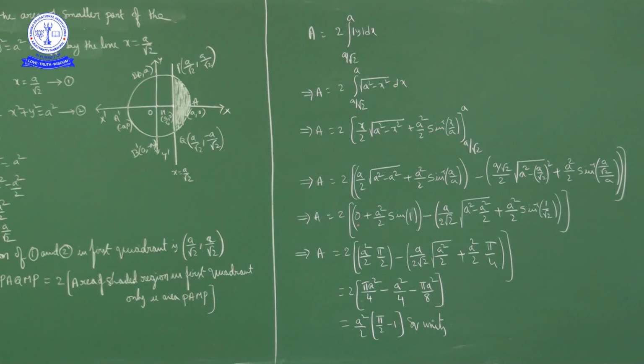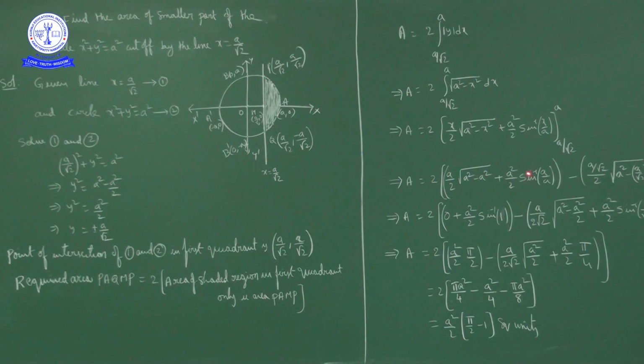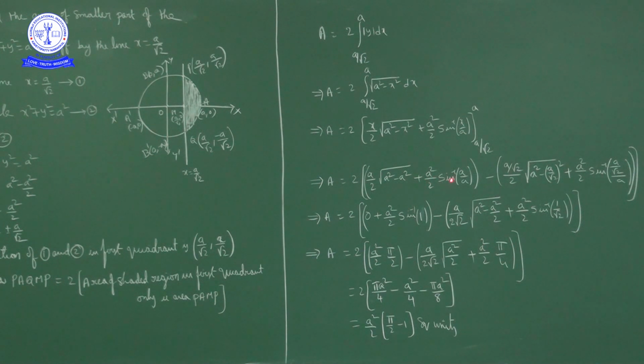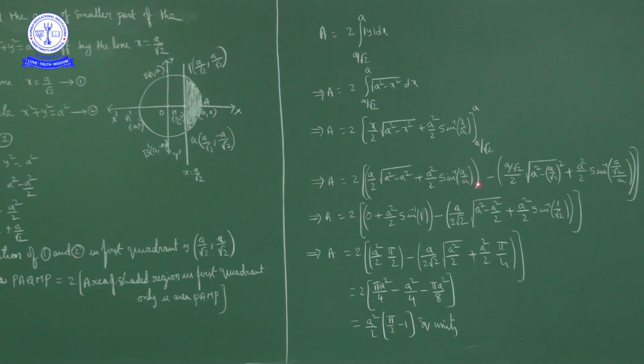So here this value is 0. Okay, a square by 2 into sin inverse of 1. Here, by substituting the upper limit, we have 2 into a by 2 square root of a square minus a square plus a square by 2 into sin inverse of a by a, minus, substituting the lower limit in place of x, that is a upon root 2.